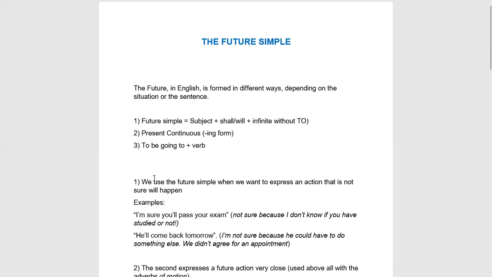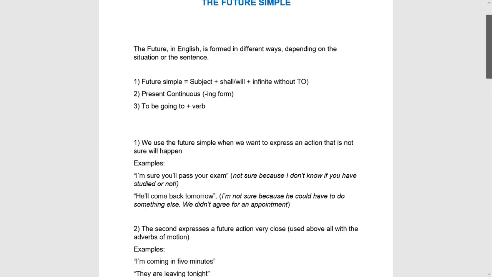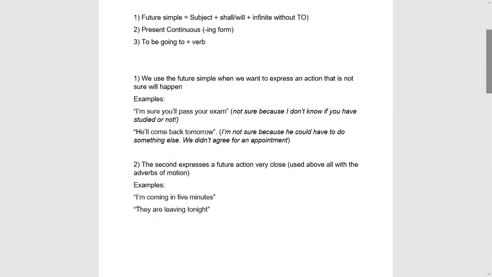Future simple. We use the future simple when we want to express an action that is not sure to happen. For example, I'm sure you will pass your exam. Okay, this is an opinion because I'm not really sure if you have studied well or not.